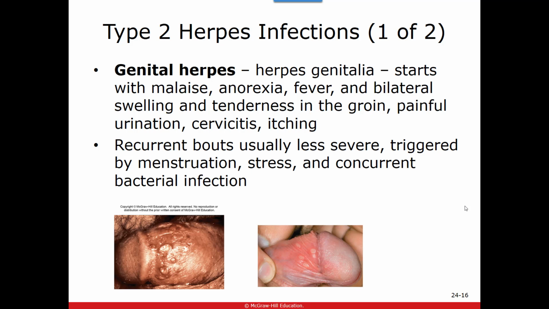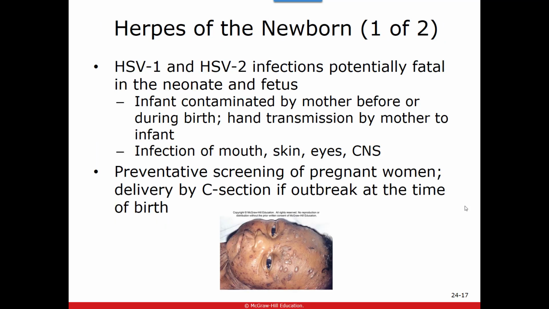Now, herpes simplex 1 and 2 can also spread to newborns. If mom is having an active infection, especially herpes simplex virus 2, during or before the infant is born, the infant can pick up this particular virus. It can cause an extreme infection of the mouth, the skin, the eyes.